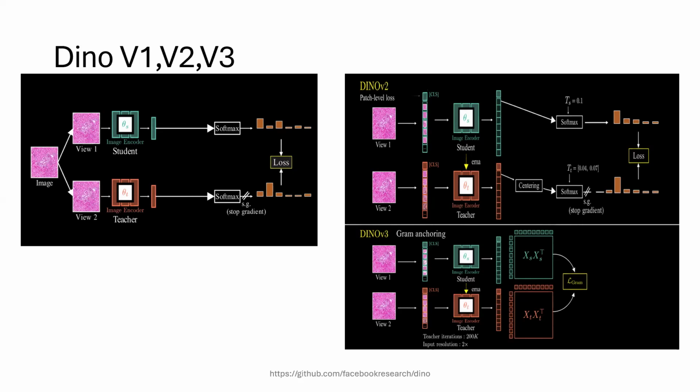Gram matrix, if you have a mathematical background, you already know that it is a feature similarity matrix. Because after training so many epochs, sometimes the local context is lost by the model. That is the disadvantage of Dino V2. Then Dino V3 came up with another loss function called gram anchoring, and that makes the model learn better.